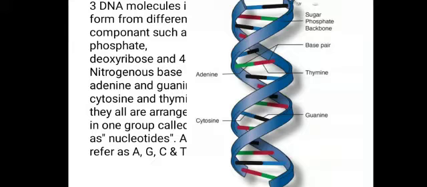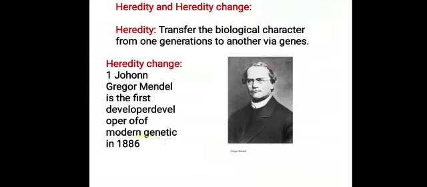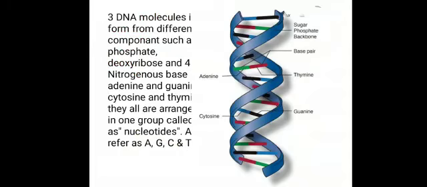That is adenine, guanine, cytosine and thymine. They are all arranged in one group, and that group is called a nucleotide. Then this DNA structure is helpful for passing the hereditary character from one generation to another generation.